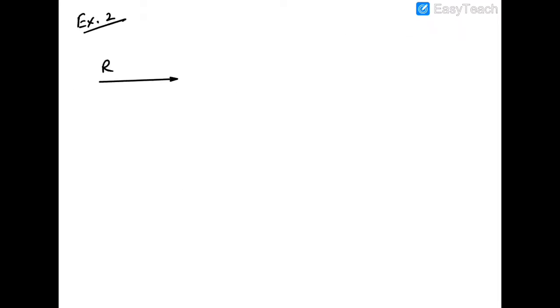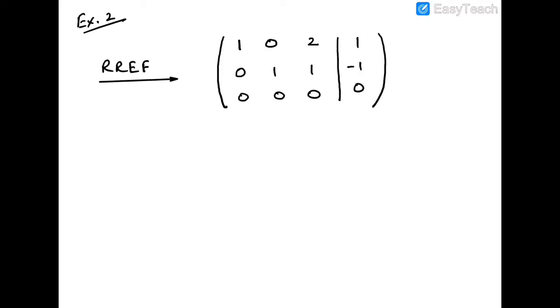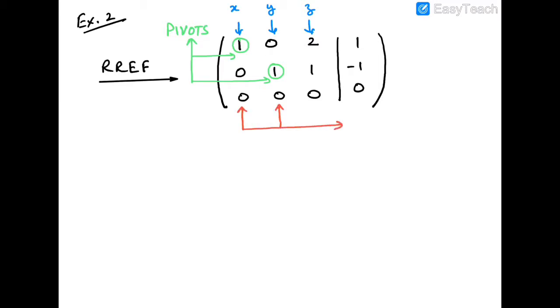Now let's take another example where the RREF of a matrix is 1 0 2, 0 1 1, 0 0 0, and the augmented column is 1, minus 1, 0. So the leading entries for row 1 and row 2 are 1, and these are the pivots, and X, Y and Z correspond to columns 1, 2 and 3 respectively, and column 1 and column 2 are the pivot columns.